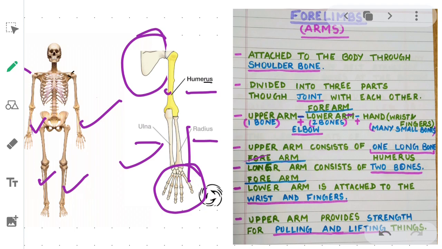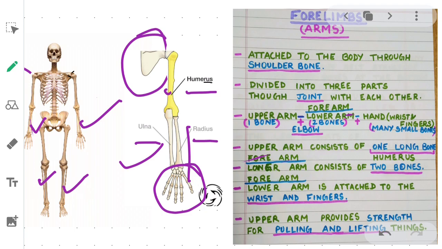And this lower arm extends to the wrist and fingers, and these wrist and fingers are made up of a number of small bones. And this upper arm, which is the humerus, is only responsible for providing the strength to the lower arm for pulling or lifting anything. It is clear now.